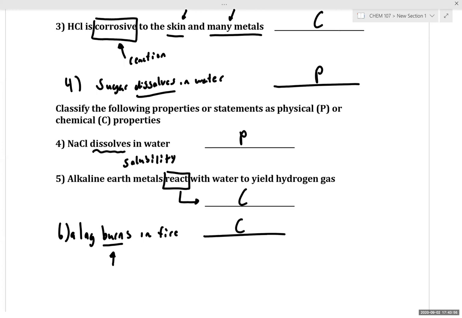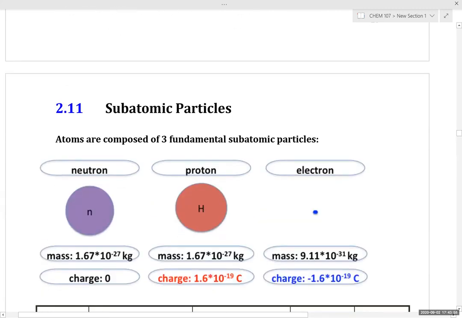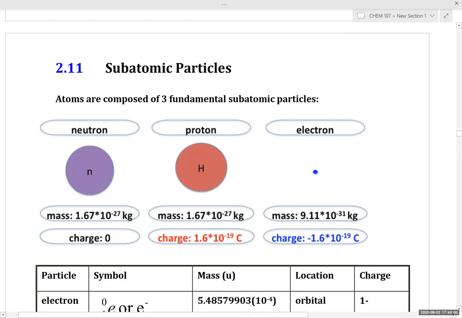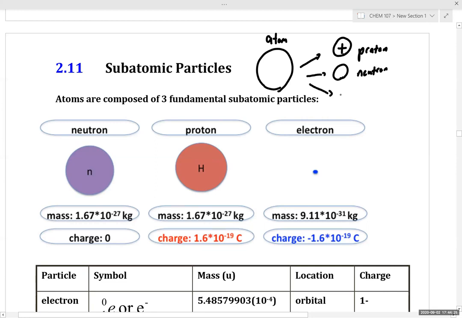Okay, so let's talk now about the fundamental particles that make up an atom. So if we have an atom, this is our atom. Atoms are comprised of three fundamental particles: a positively charged proton, a neutral neutron, and a negatively charged electron.